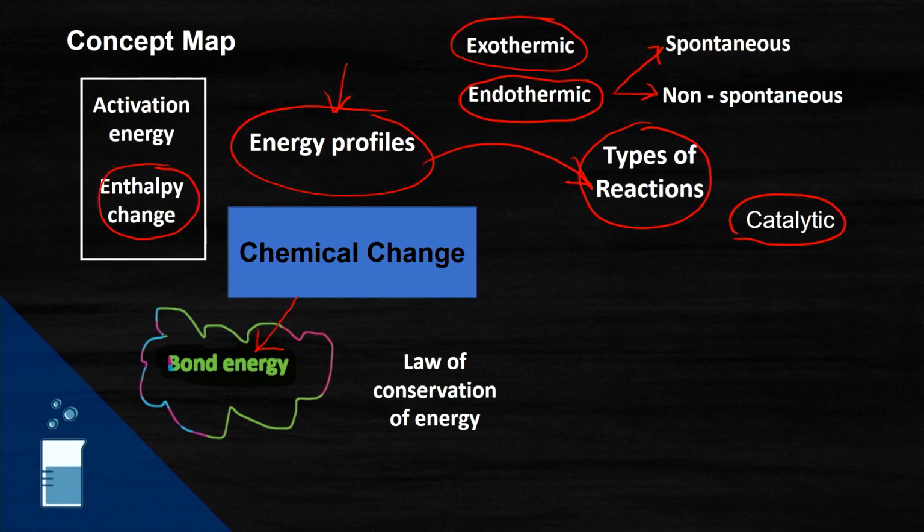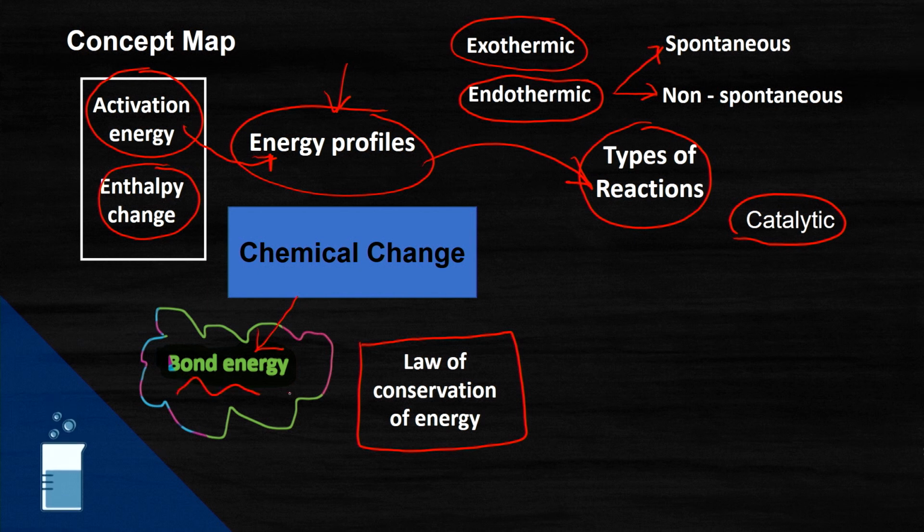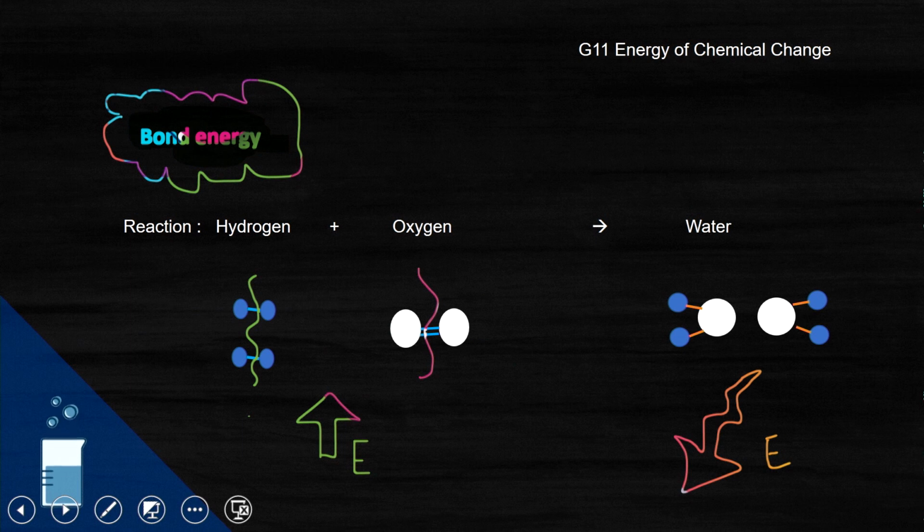So activation energy is the one that's left out, and activation energy we will speak about in terms of the energy profiles and what that looks like. Law of conservation, we will have a look at that too. So let's start with bond energy and what bond energy is all about.